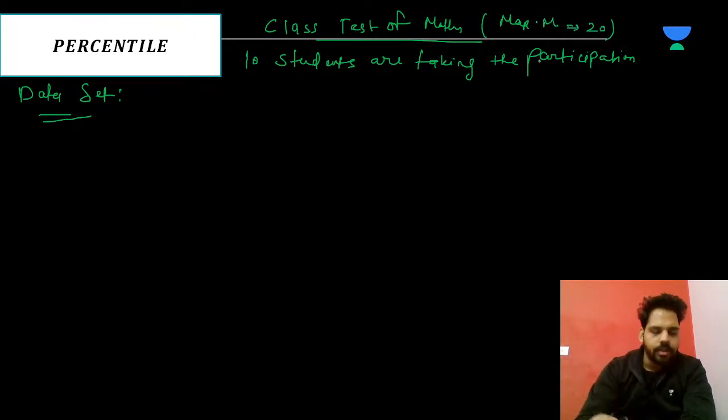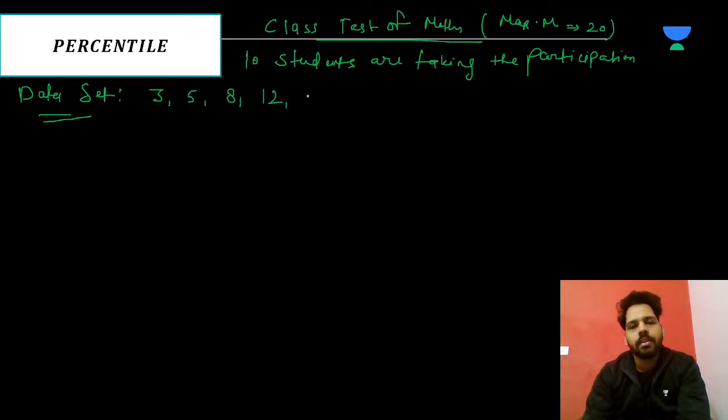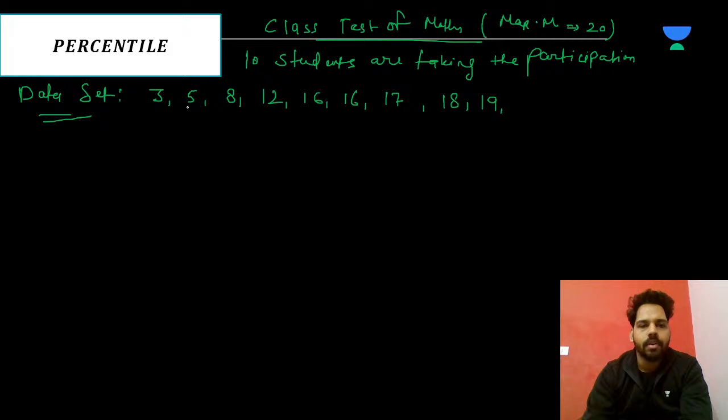Now just suppose I'm writing the numbers like 3, 5, 8, 12, 16, 16, 17, 18, 19, and here 1, 2, 3, 4, 5, 6, 7, 8, 9. 9 numbers are here, so I am also using 7.